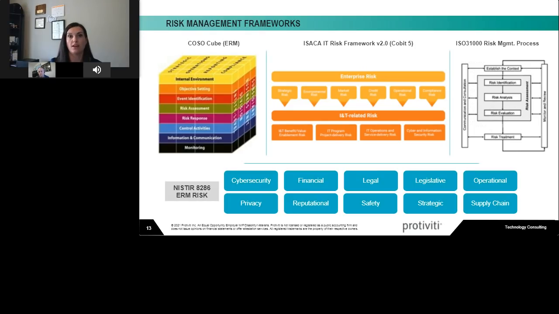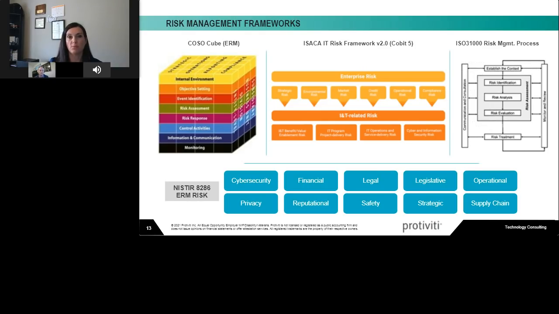Generally, they're quite similar and have similar approaches. They identify context and risk, analyze the risk, estimate its importance, determine how to respond to it, execute that response, and also identify and respond to changes over time. That's what these approaches really include.